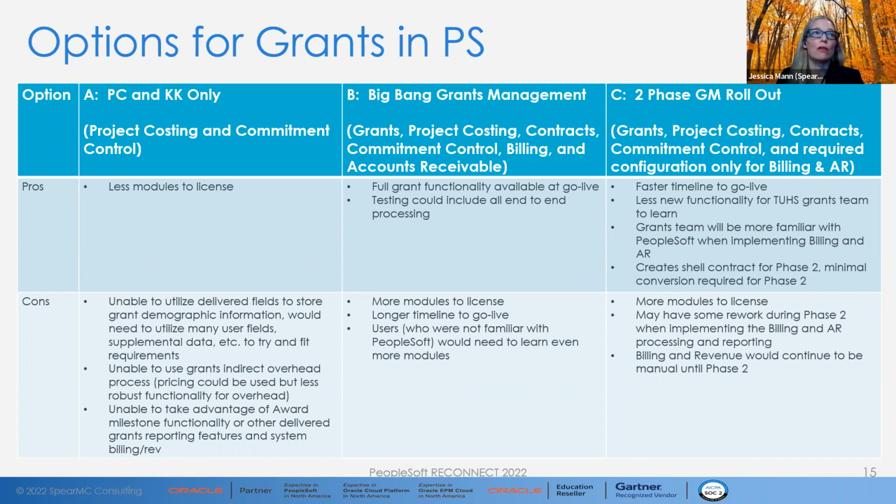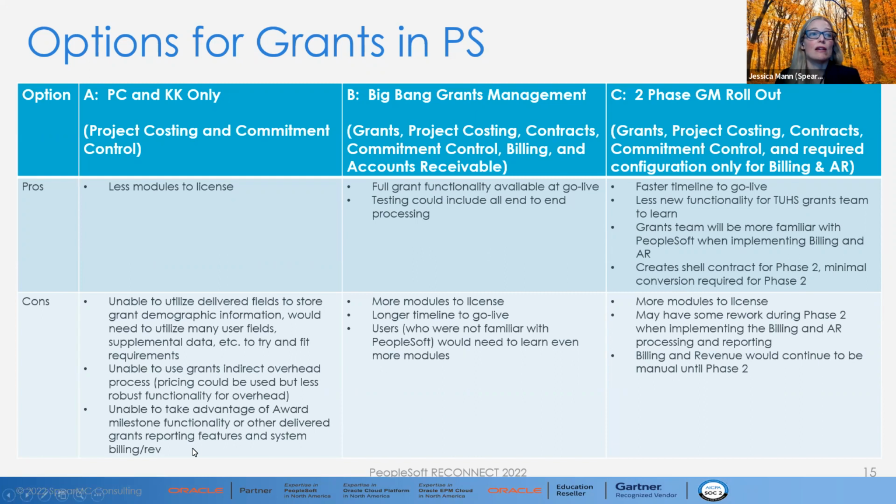Like, for example, that would have been a simpler implementation and perhaps quicker to implement, with fewer modules to support going forward. Their team didn't need to learn as many modules.